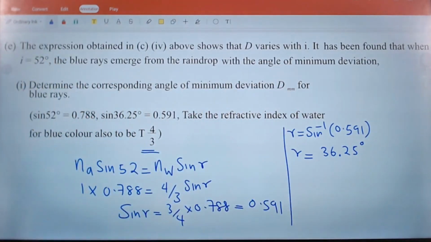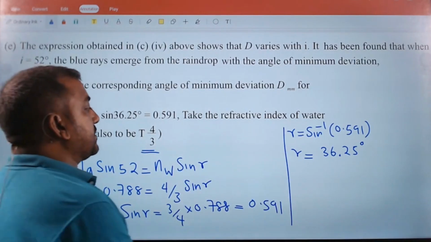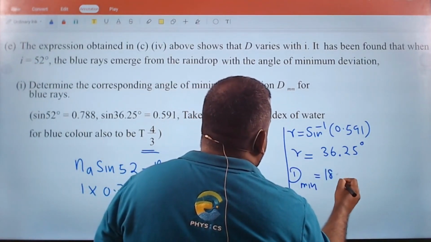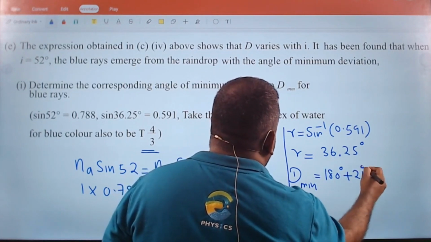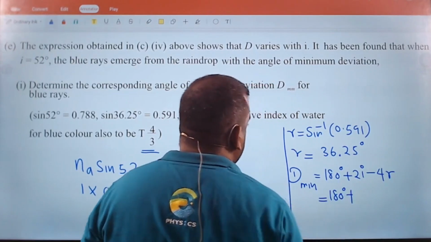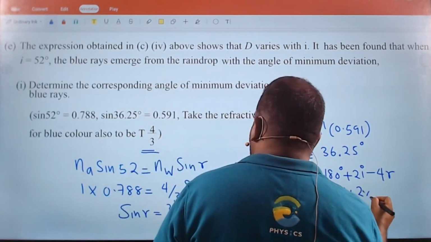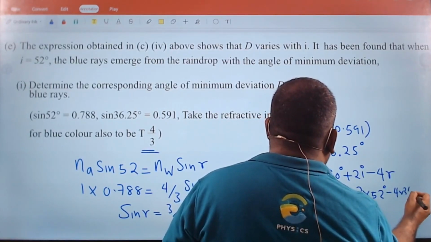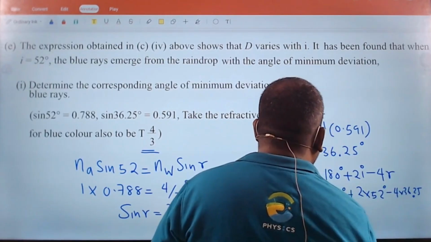They are asking the minimum deviation there. So the minimum deviation is 180 plus 2i minus 4r. 180 plus 2 times I, which is 52, minus 4 times r, 36.25.